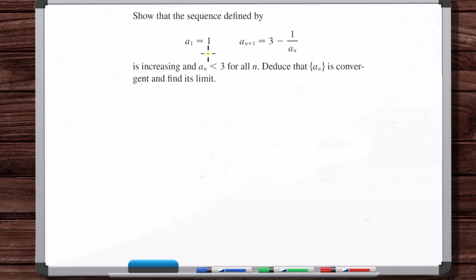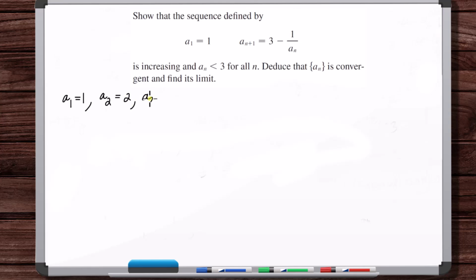But first, let's write out the first 5 or 6 terms of the sequence, just so we can get a feel for the sequence. It starts off at a sub 1 equal to 1. A sub 2 is when n is equal to 1, so we have 3 minus 1 over a sub 1, which is 3 minus 1 over 1, so 2.